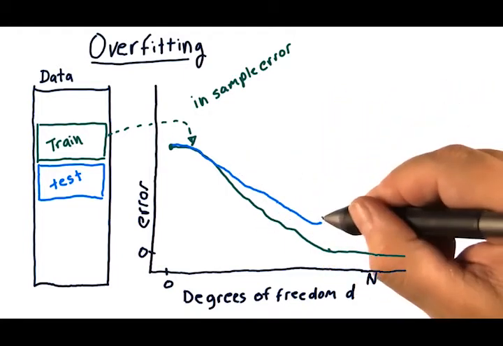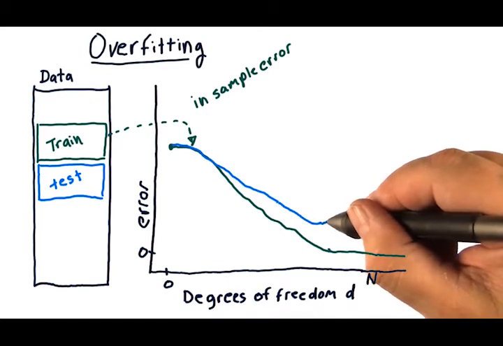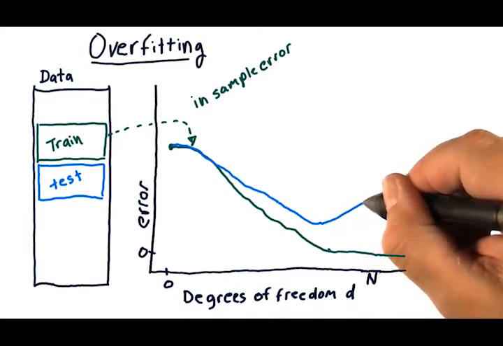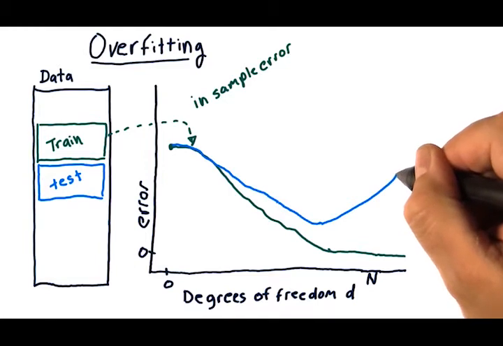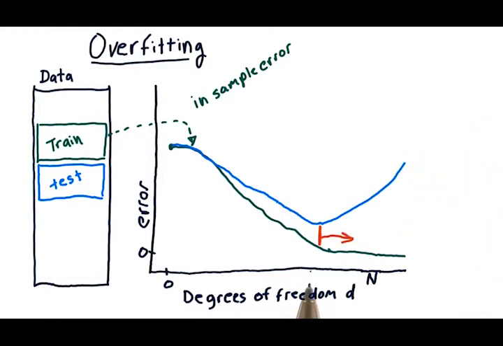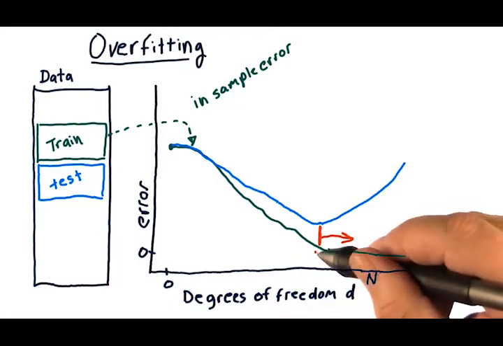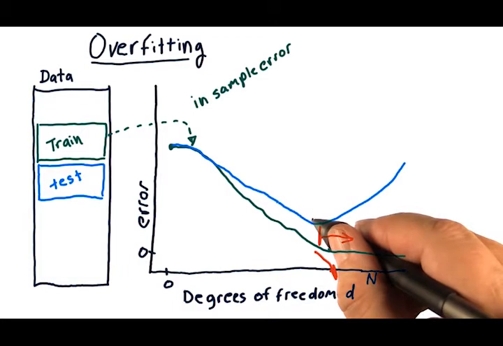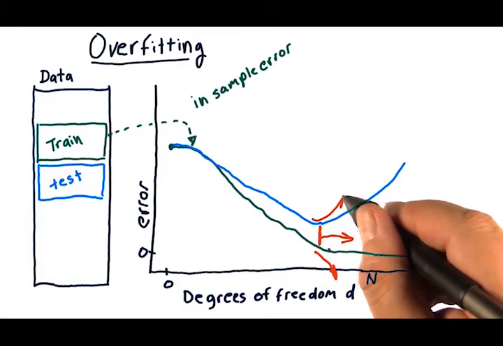But eventually we'll reach a point where our out-of-sample error begins to increase. In fact, it may increase strongly. In this area, as we increase degrees of freedom, our in-sample error is decreasing, but our out-of-sample error is increasing.